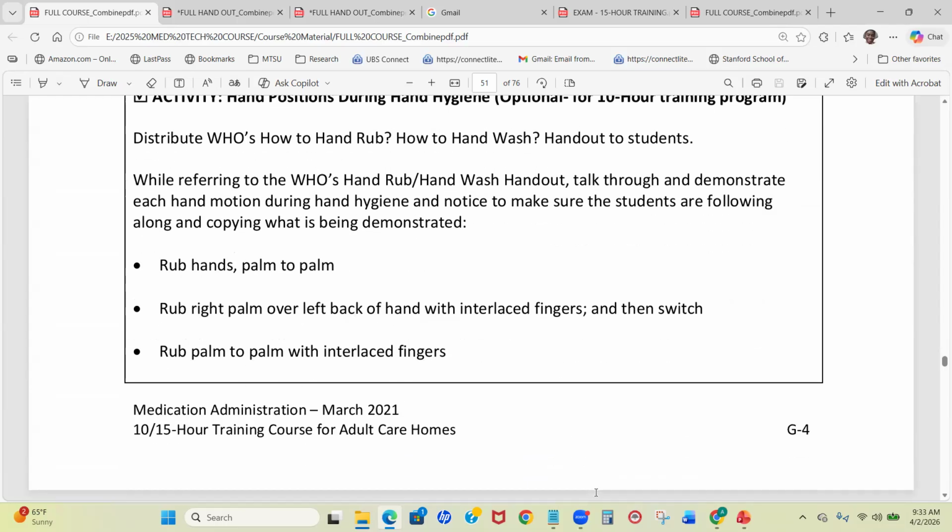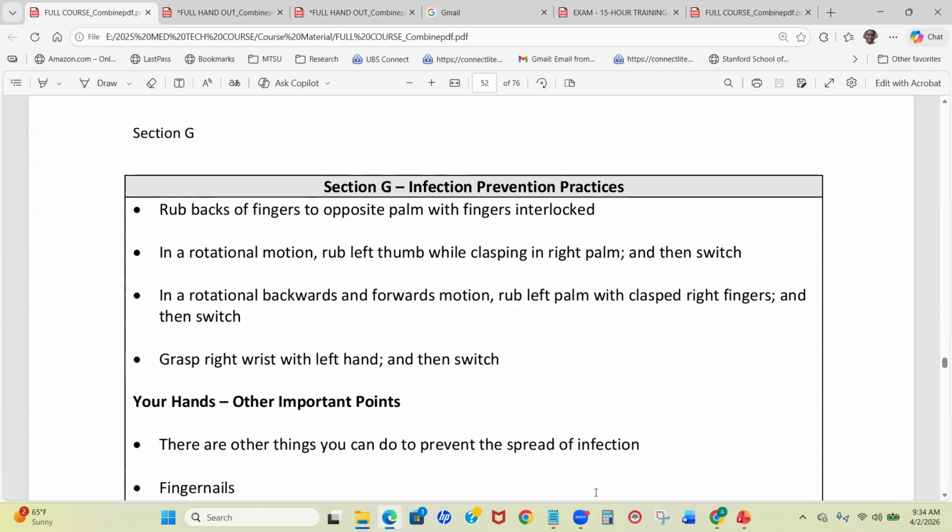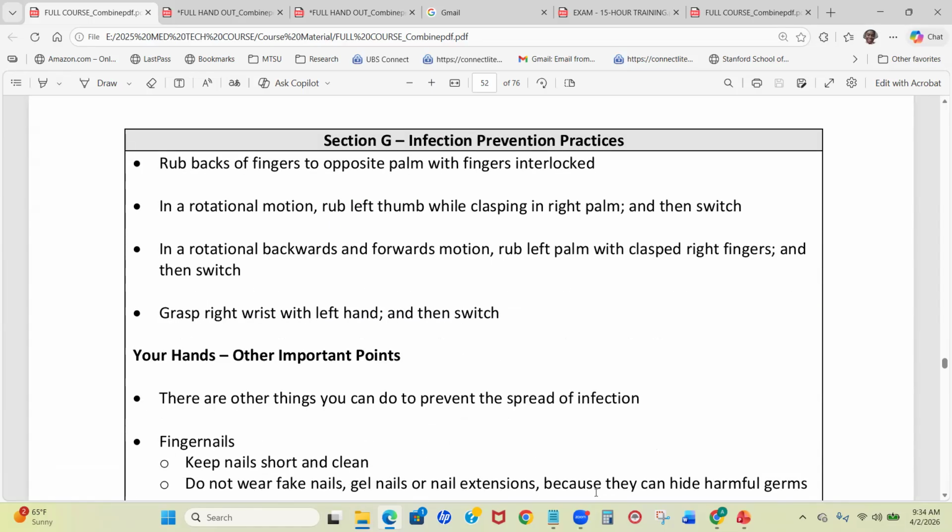When you look at the handout, if you ever have the time, you would see how it demonstrates how to put it on: you rub palm to palm, you interlace your fingers, and go through it, and rub it everywhere, because you are not using soap and water at that moment. They want you to do a proper rubbing of that hand sanitizer.